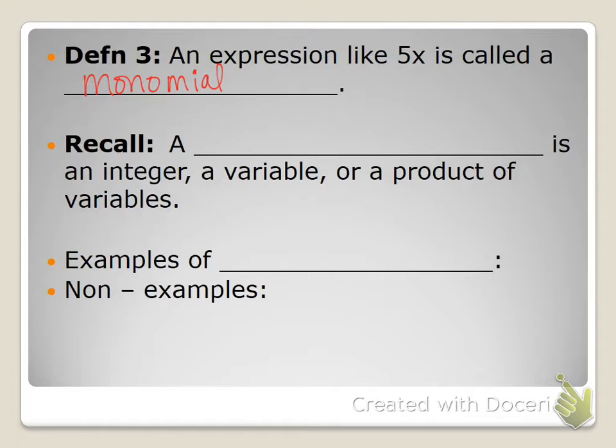Okay, so recall that a monomial is an integer, a variable, or a product of variables. We skipped over a little bit; we'll go back to that. So, examples of monomials, we've already looked at some of those.